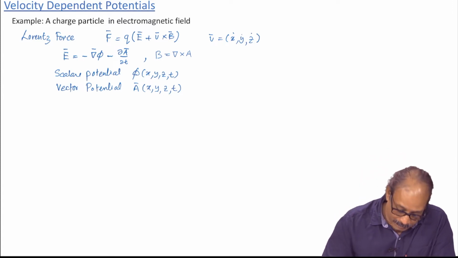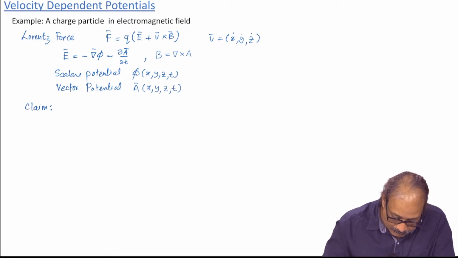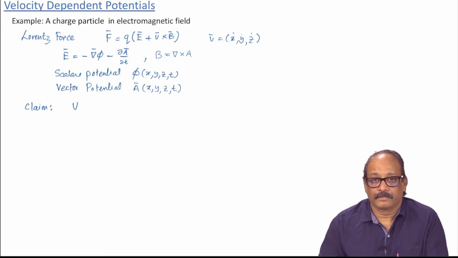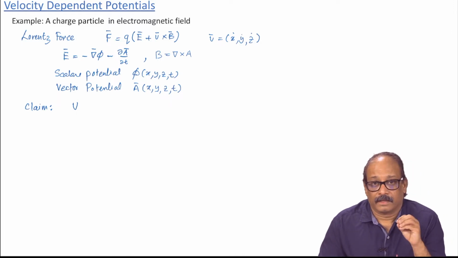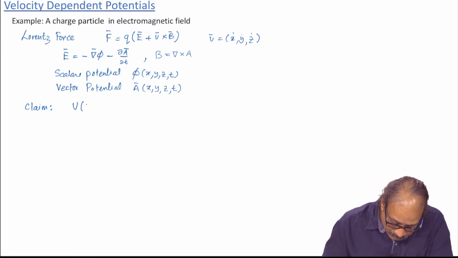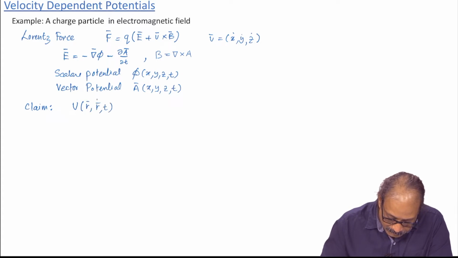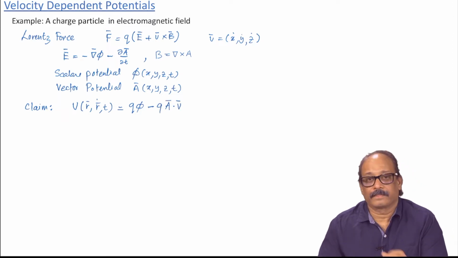So, the claim that I am going to make is that the potential U, which will of course be a function of x, y, z, x dot, y dot, z dot and possibly also t, I will write as a function of r, r dot and possibly t, as q times phi minus q times A dot v. Okay.